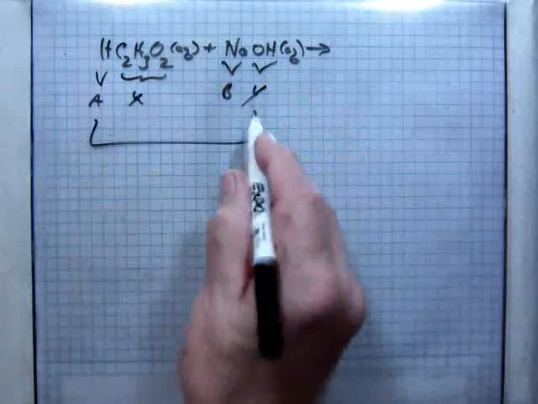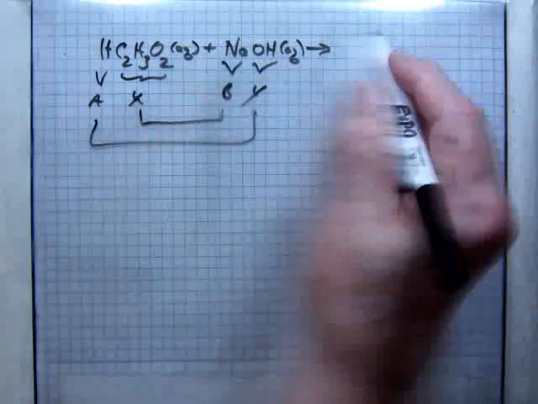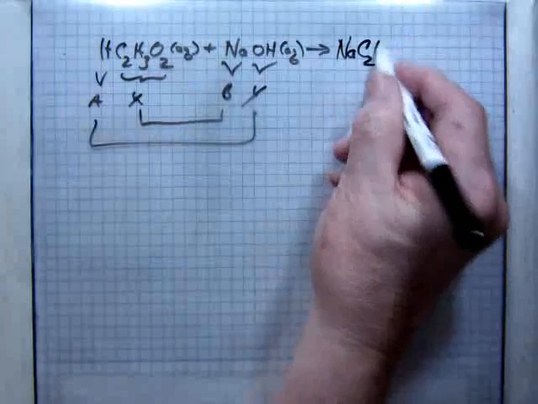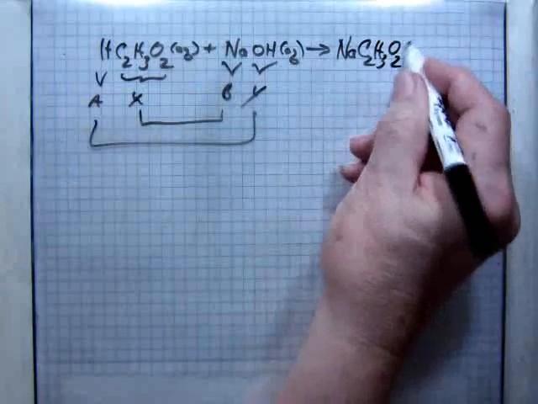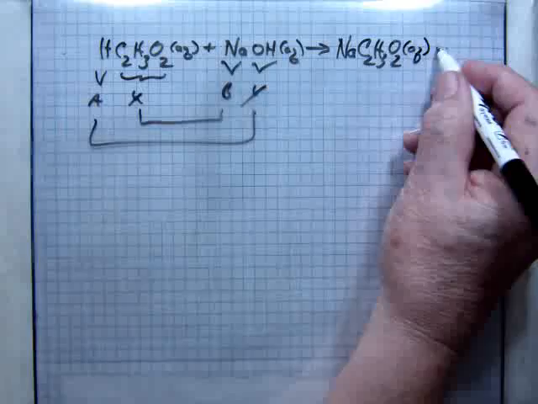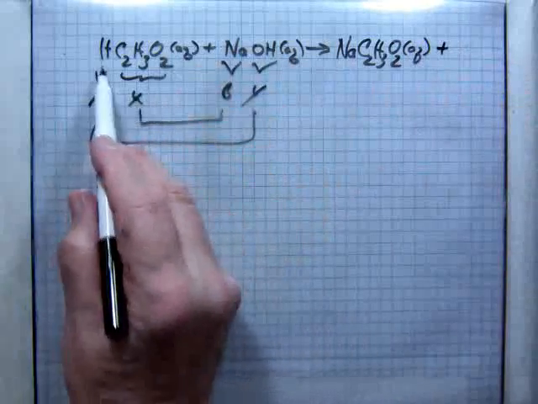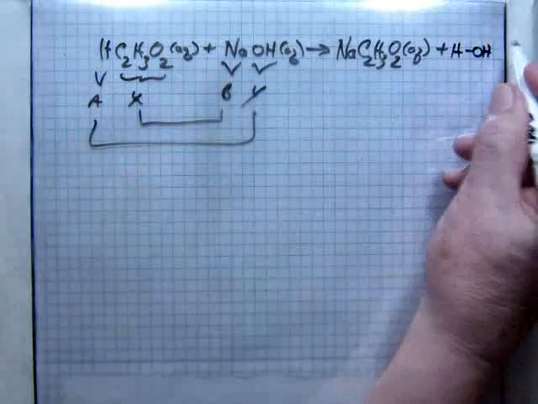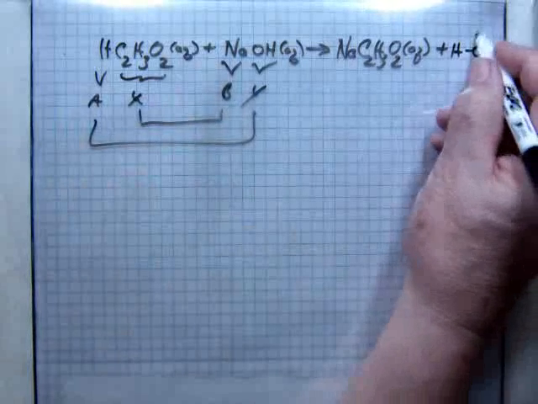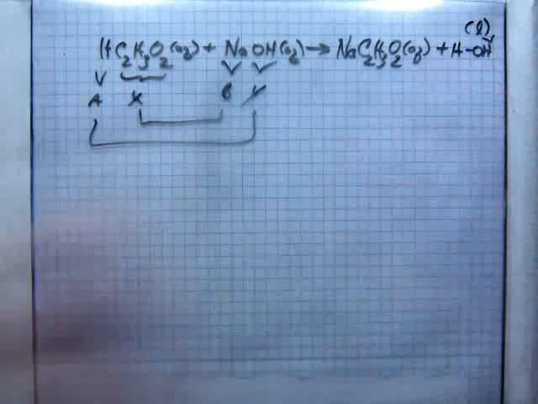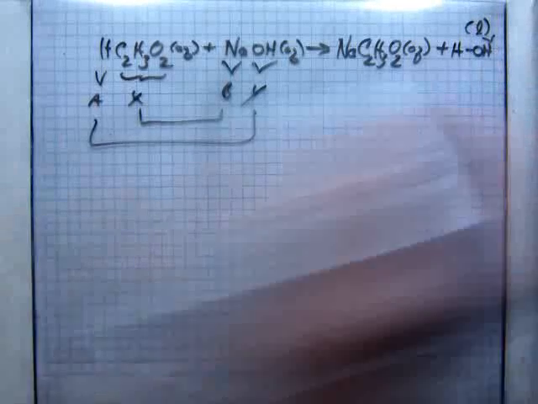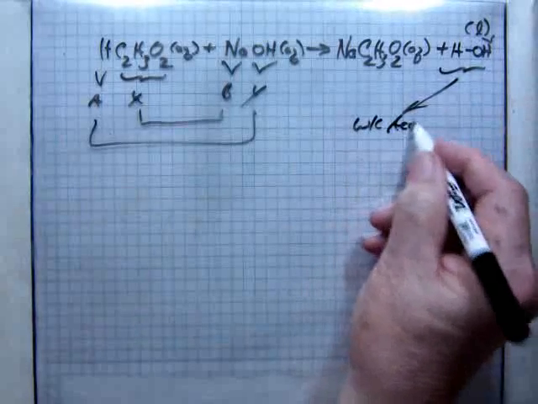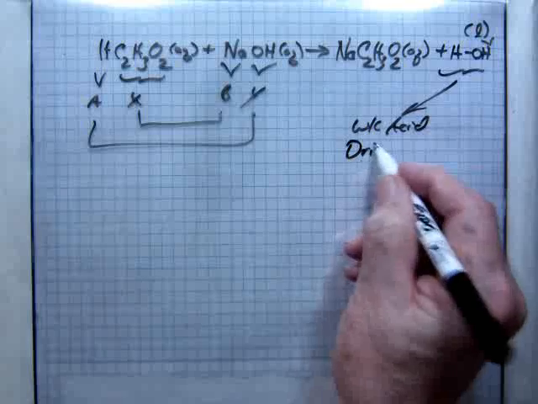Again, the exchange makes sodium acetate, a salt, which remains in solution as aqueous, and the hydrogen hooks up with the OH again as a weak acid and has a liquid designation. And so the weak acid is the driving force.